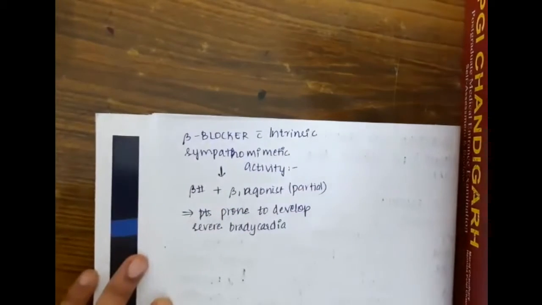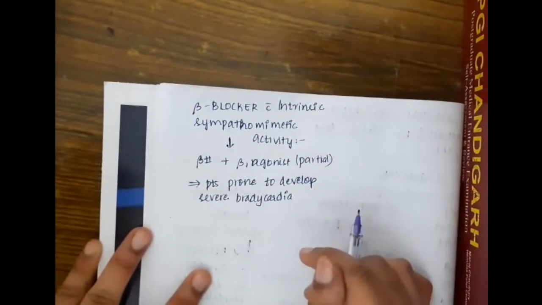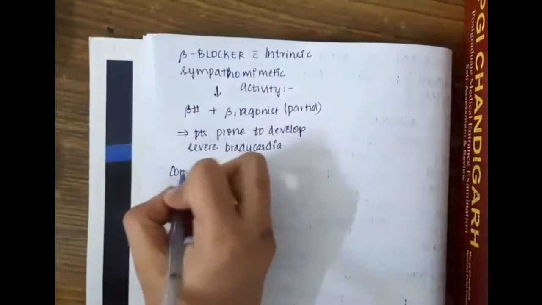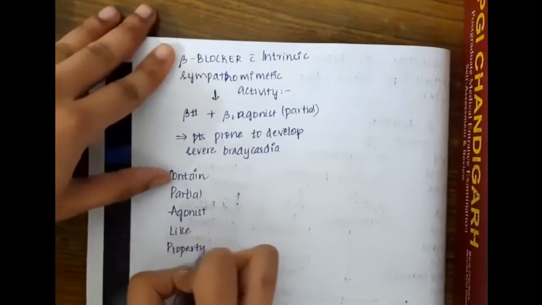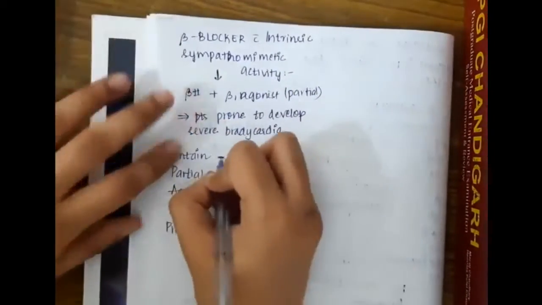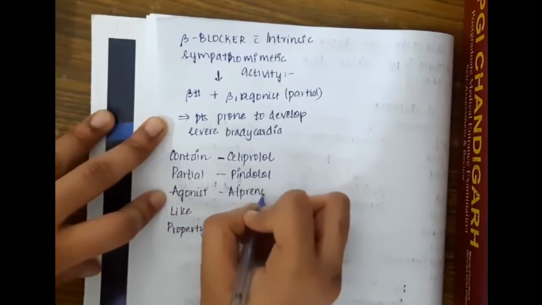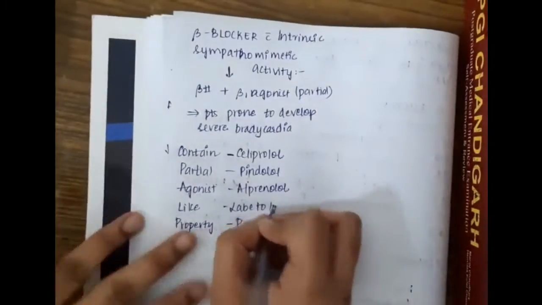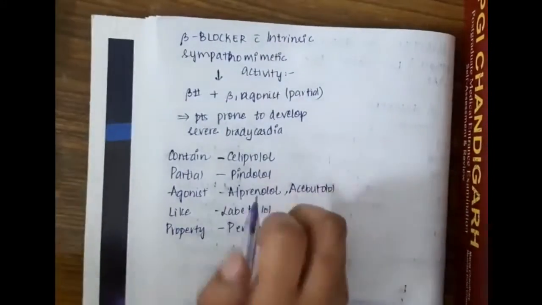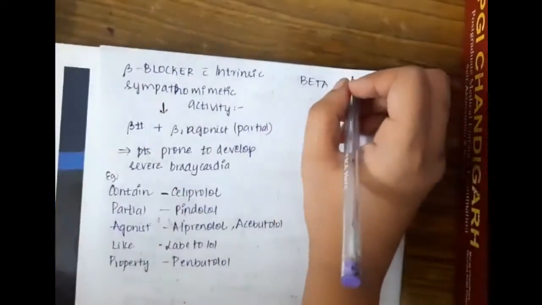Sympathomimetic means agonistic activity, so they have beta 1 agonistic activity. They contain partial agonist like property, given by the mnemonic: C for celiprolol, carteolol, P for pindolol, A for alprenolol and acebutolol, L for labetalol and P for penbutolol or oxprenolol. All these are examples of beta blockers with intrinsic sympathomimetic activity.